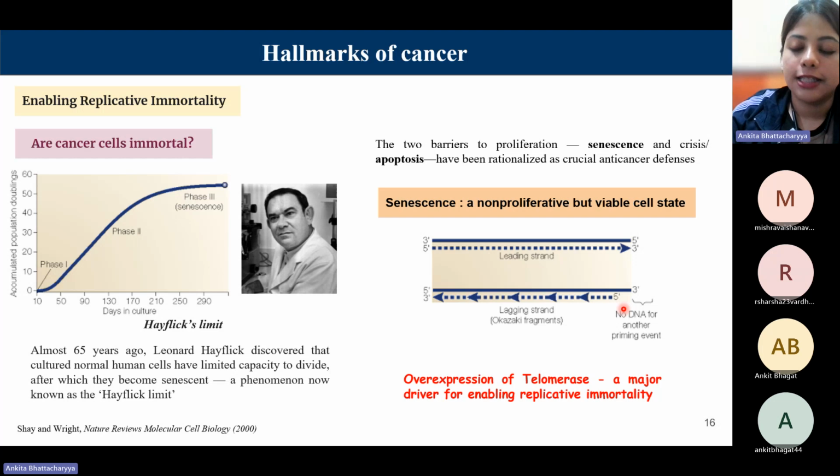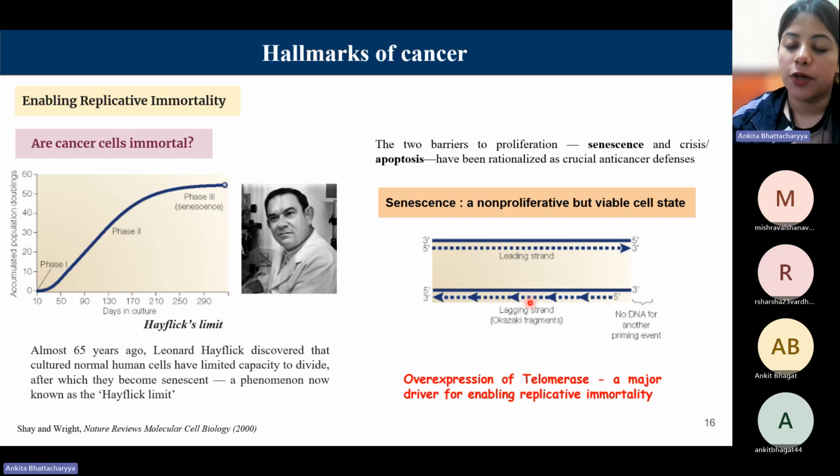So in normal cells, every time the cell undergoes a round of division, some part would keep on getting deducted. The ends of the genome would keep on getting smaller and smaller. Eventually the cells do not have all of the necessary components to keep on dividing rapidly, and they attain senescence.